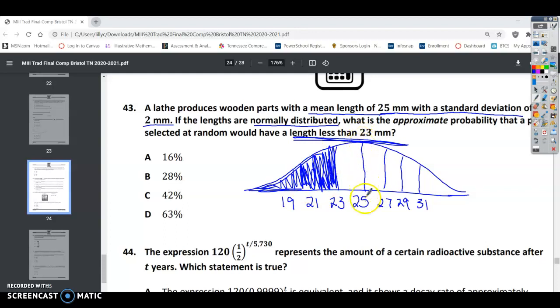Alright, so we know the normal distribution goes in the middle, so this here would be 50%. We also know that the centerpiece, one standard deviation to the left and to the right, is 68%. So if we know this is 50% and we know that this is half of 68, which is 34, all we have to do is 50 minus the 34.